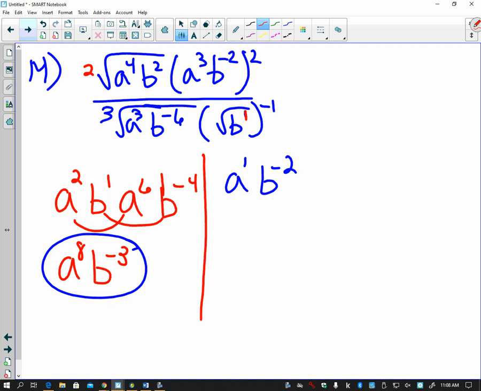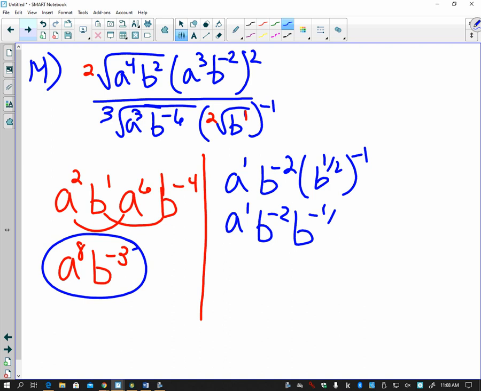What is the root? 2. So if I wanted to pull that out and leave it in a set of parentheses, what is that? b to the 1/2 to the negative first, right? So that's going to become a to the first, b to the negative second, and now I'm going to apply that, and I'm going to get b to the negative 1/2.